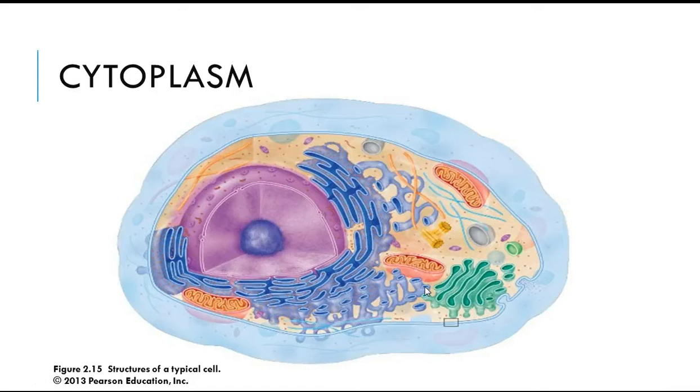Some examples of inclusions that you'll find in a cell would be our pigmentation. What's our pigmentation referred to? What's the name? Melanin contributes to our skin color. So some people have less inclusion, and some people have more inclusion. We could say melanin, or we could say melanin inclusion.